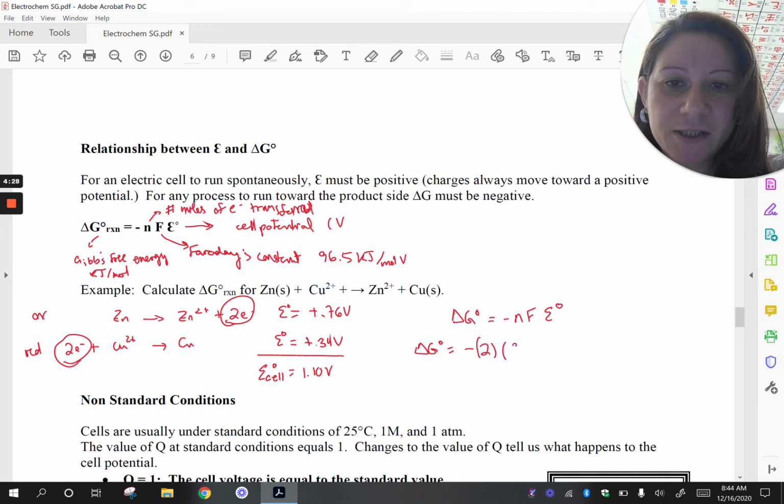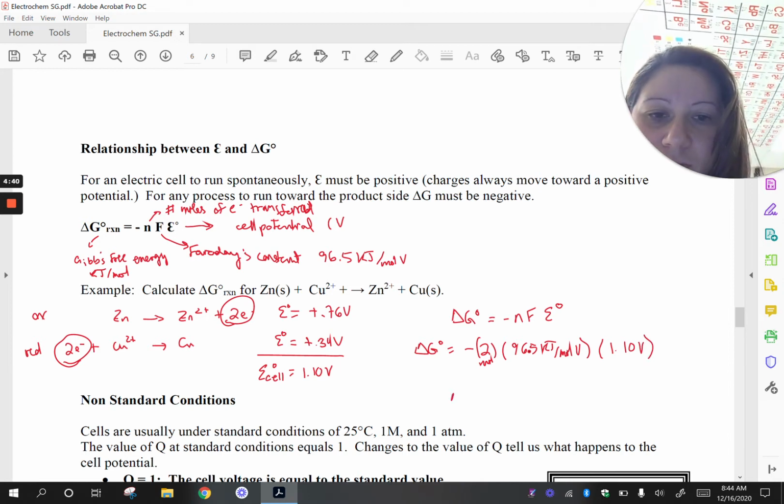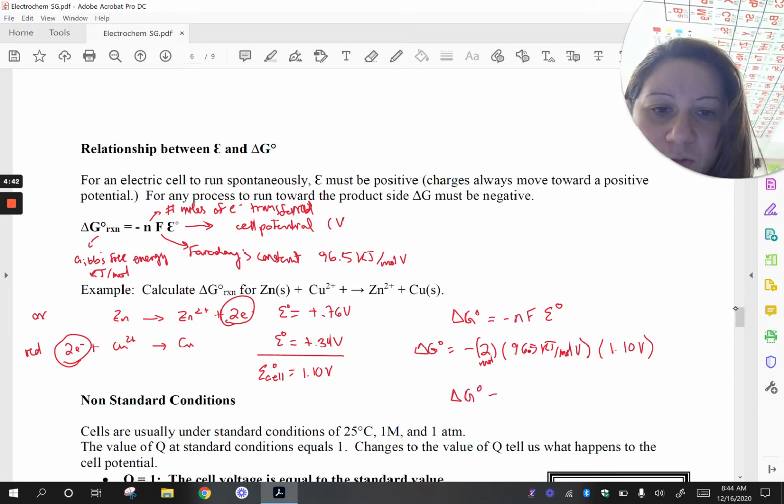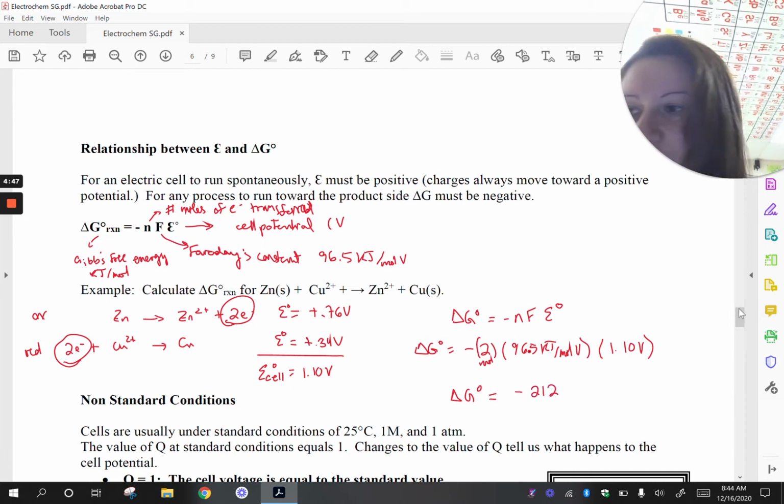My Faraday's constant is 96.5 kilojoules per mole volt. And my cell potential I just calculated to be 1.10 volts. So my Gibbs free energy ends up being negative 212 kilojoules.